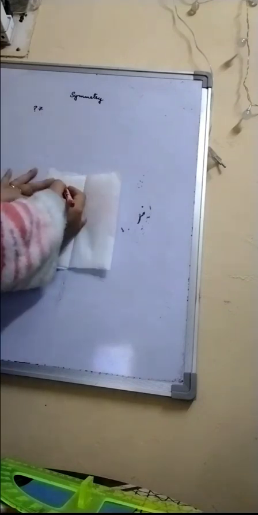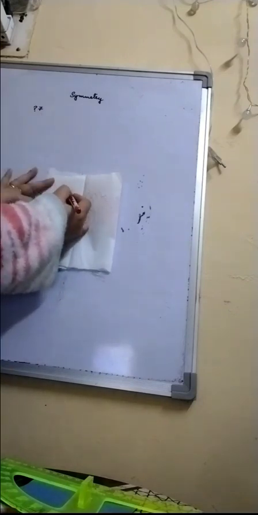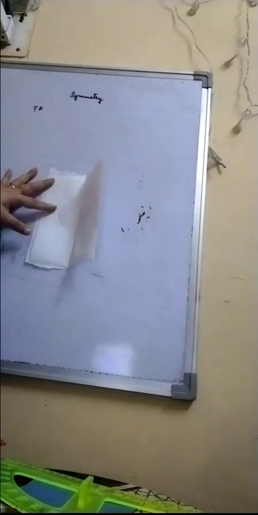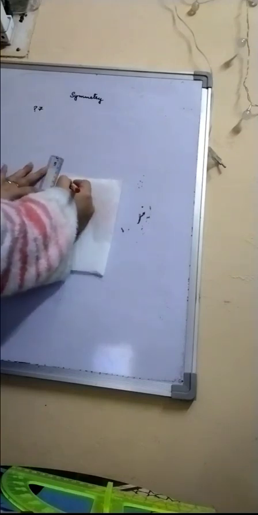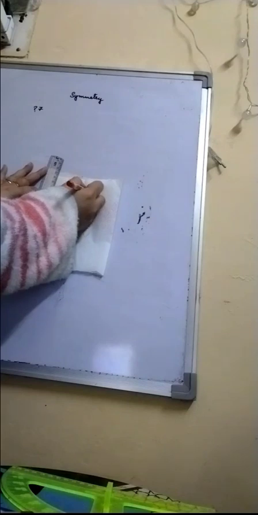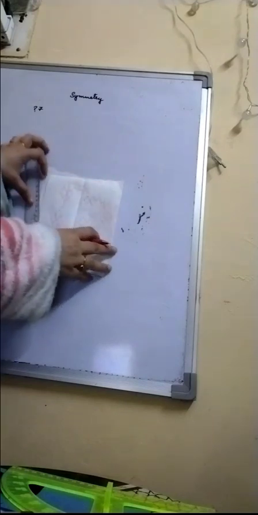You can see a bigger box and a bigger box here. So the line of symmetry would be vertical, crossing the midpoint. So this is the line of symmetry in the first figure.